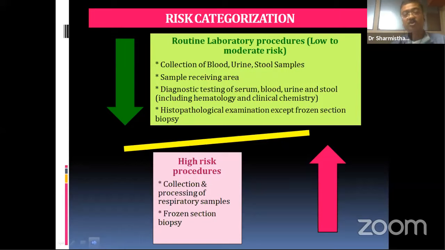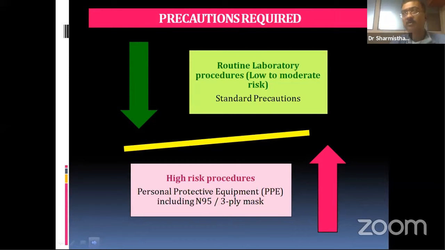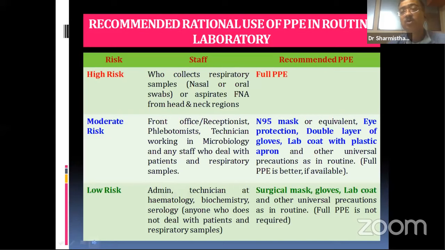So these two are taken as high risk procedures. Now, for the precautions required for high risk procedures, we should have full PPE, which should include an N95 or a 3-ply mask equivalent. For routine laboratory procedures, which are categorized as low to moderate, you can have standard precautions. Now, this is the recommended rational use of PPE in the routine laboratory.